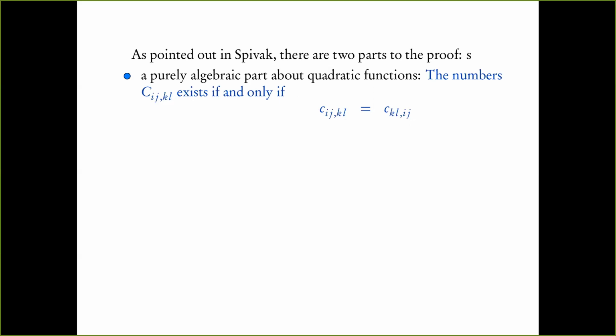But this should vaguely remind you of one property of the Riemann curvature tensor. The Riemann curvature tensor had a similar property: you can switch the entire last pair over the first pair, correct? Then there's this other property, which again should remind you of something. What should this remind you of? Bianchi identity.